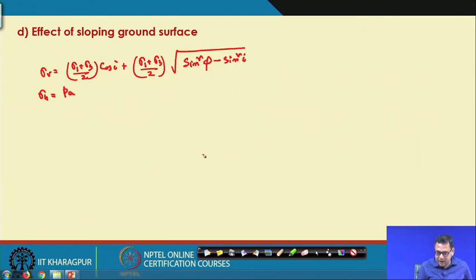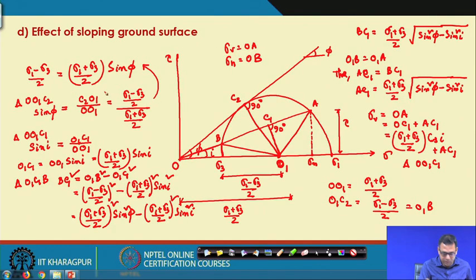So, now I can write that sigma h is equal to OB, and OB is nothing but OC1 minus BC1.